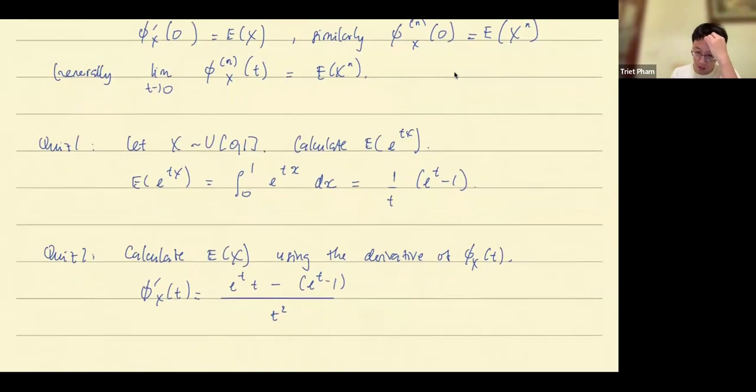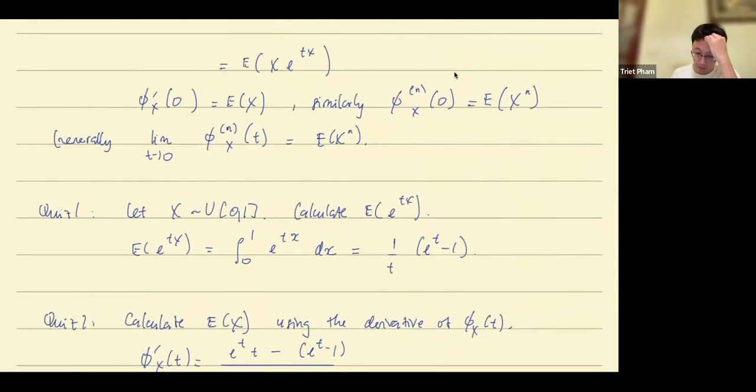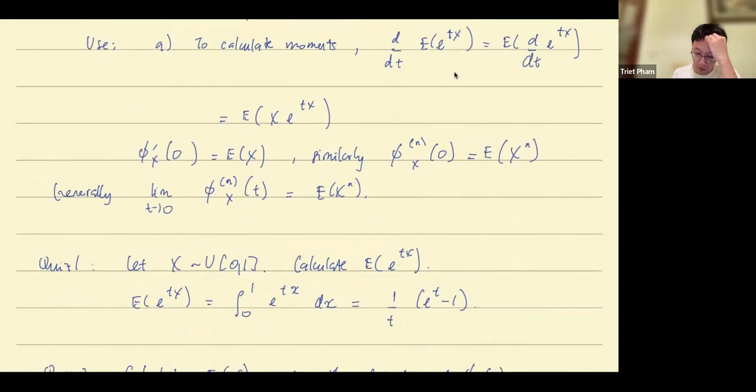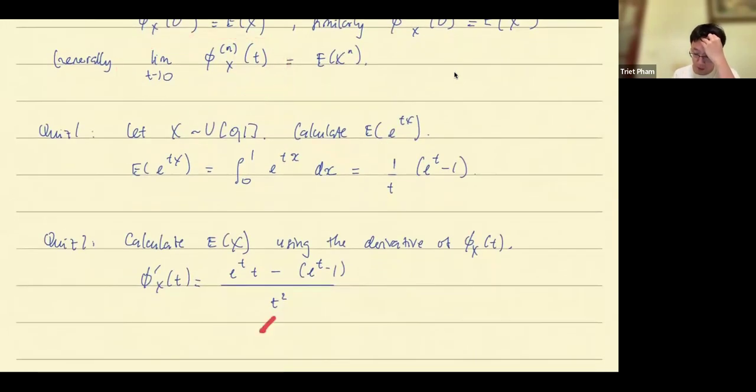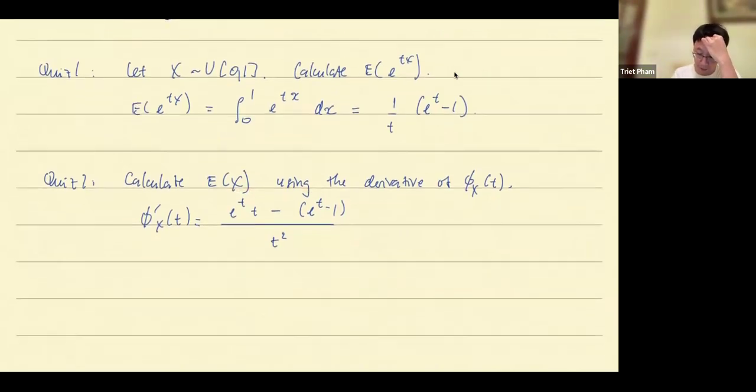Even though this is kind of the generic instruction, you can see that, of course, plugging in 0 directly in here is not an option. So we need to take the limit as t goes to 0 of this expression.